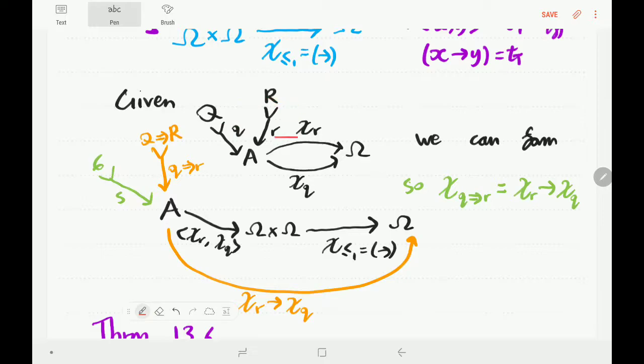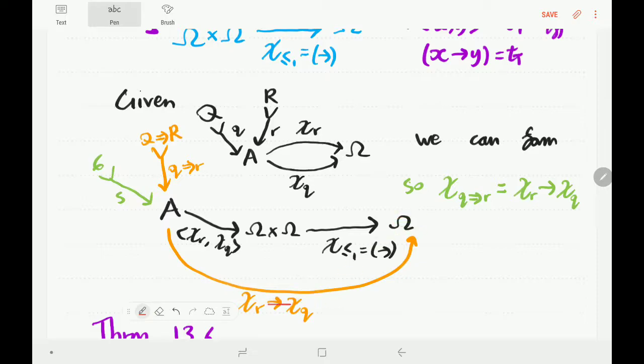Now, suppose we have a setup like this. We have these arrows, these monics, these subobjects R and Q of A, and they have their classifying arrows, chi of R and chi of Q. We can form this kind of setup using this material conditional arrow: material conditional after chi of R comma chi of Q, which is sometimes written as chi of R implies chi of Q. That's an arrow into the subobject classifier omega.